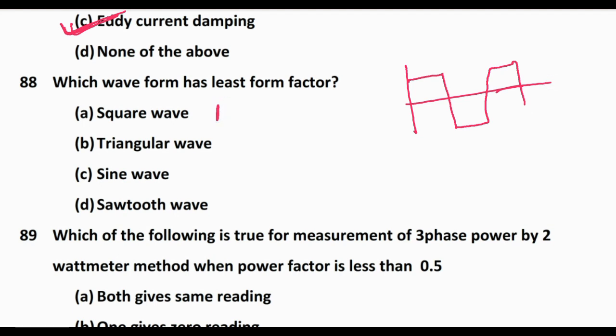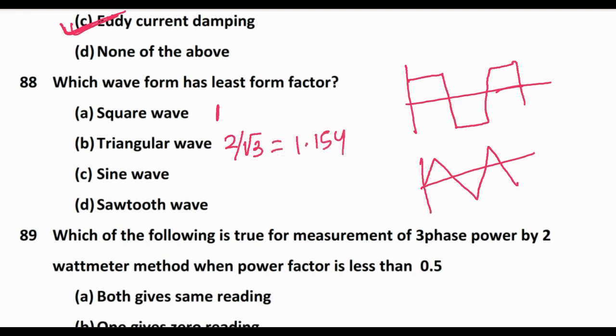And for triangular, symmetrical triangular, that means like this, this is 2 by root 3, and its value is 1.154. And for sine wave, you know that is 1.11.